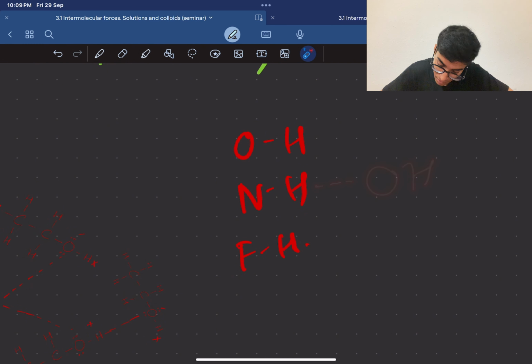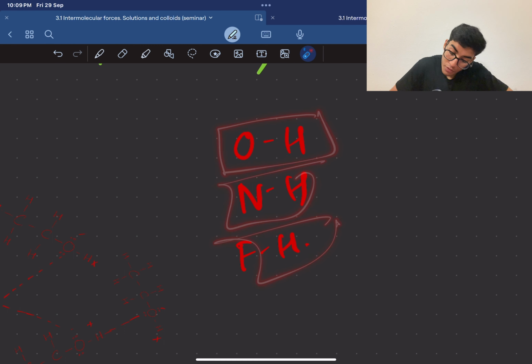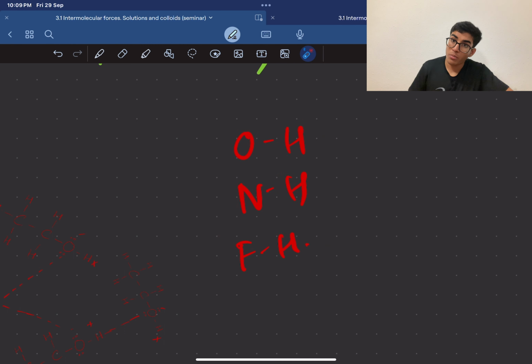Same goes here as well. Just hydrogen alone cannot form hydrogen bonds. Hydrogen attached to an oxygen or a nitrogen or a fluorine can form hydrogen bonds.